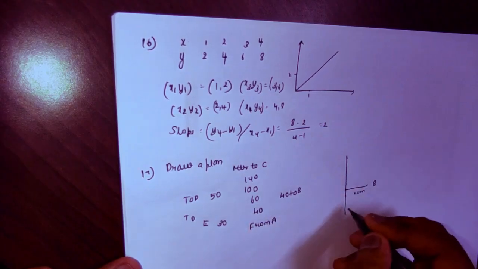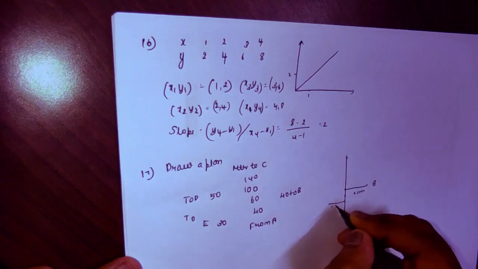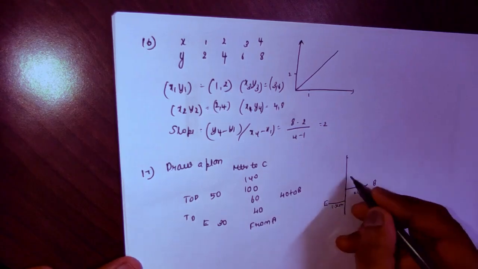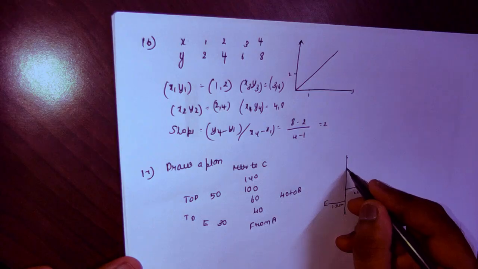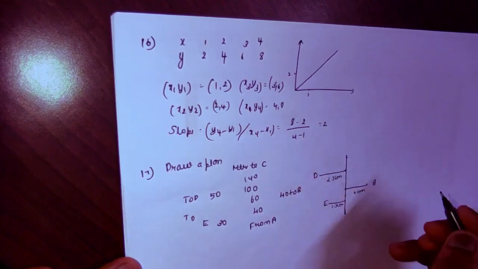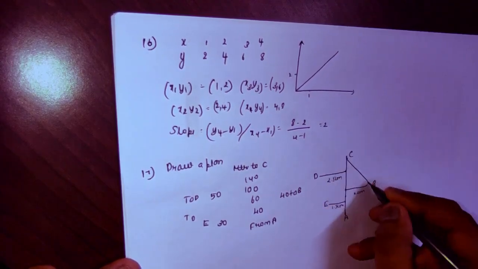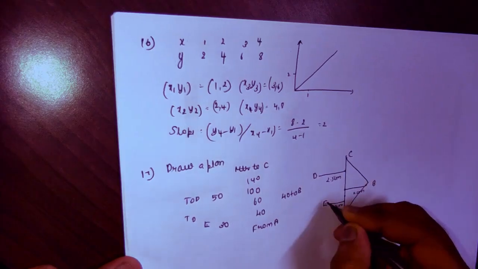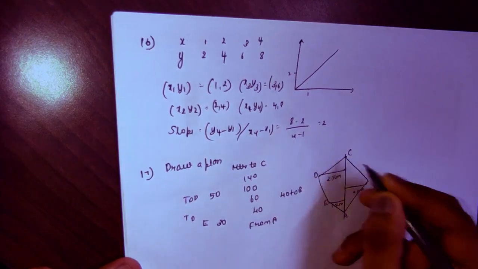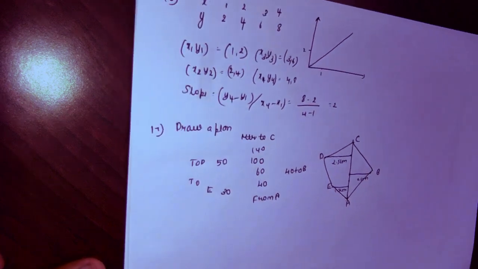From here to E, 30 is 1.5 centimeters. Now from 100, that is 5 centimeters, draw 2.5 centimeters, that is D. Then this is C, this is A. Join everything, and whatever you obtain is the plan for this given information.